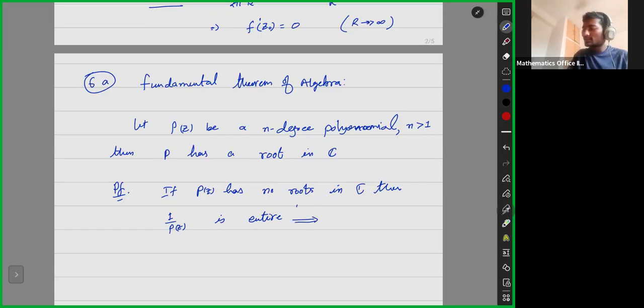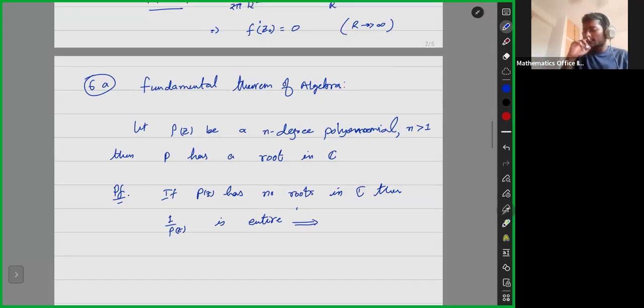Using Liouville, you have to say it is bounded also. The boundedness is some estimate. Use Liouville's theorem: 1 upon p of z is constant.